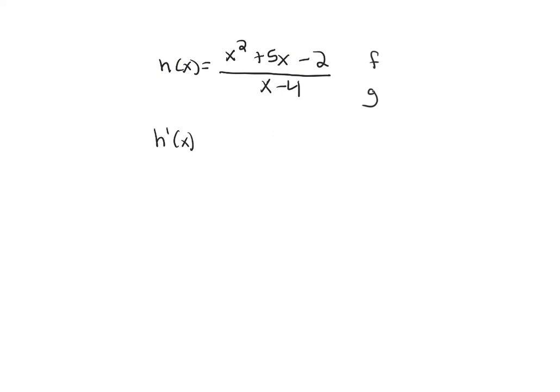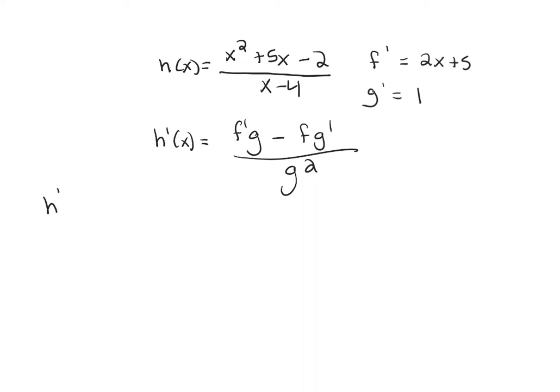Let's write the quotient rule again: derivative of the first times the second minus the first times the derivative of the second, divided by g squared. Off to the side, I've got the derivative of f is 2x plus 5, and the derivative of g is just 1.